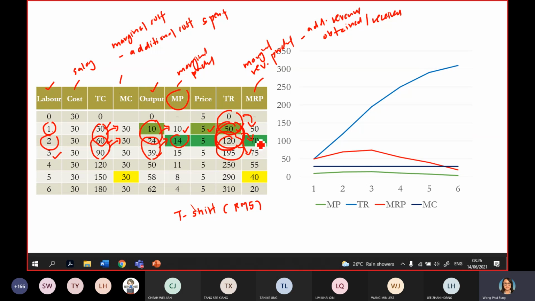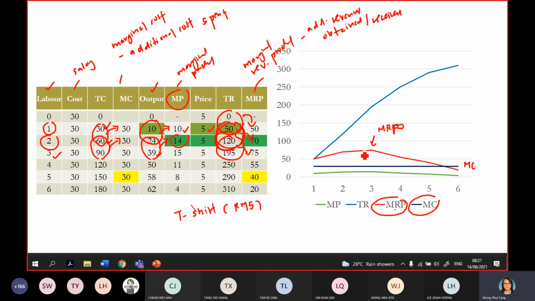Okay, so when you plot everything in a graph, I want you to focus only on MC and MRP. MRP is the red color. So this is MRP. Okay, MC is this one, constant, so assuming MC is constant.